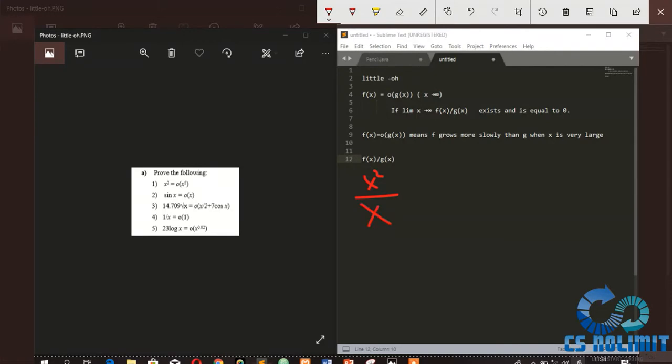If you simply divide this, you will end up with something like this.